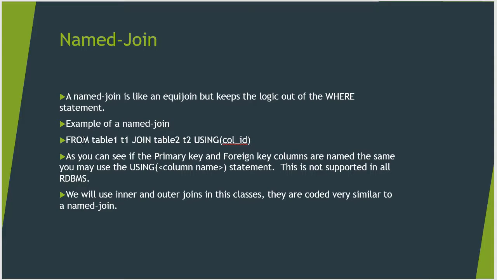You select something from table 1, join table 2, and use a keyword using with the column ID that you want to link two tables together on. Again, this is not the normal, and it's not supported in all RDBMS systems. So I would again try to avoid using this in your code.